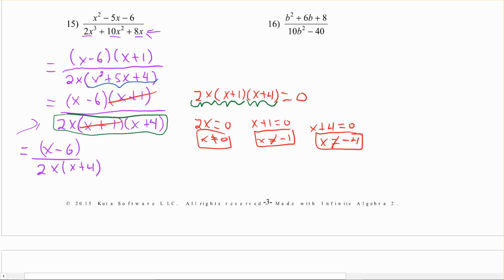So that's simplified. And then you'd say, where, comma, x cannot equal 0, negative 1, or negative 4. So that would be my answer there.